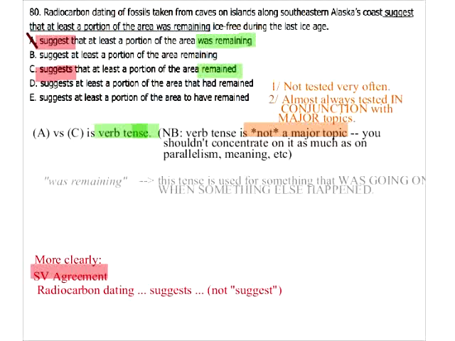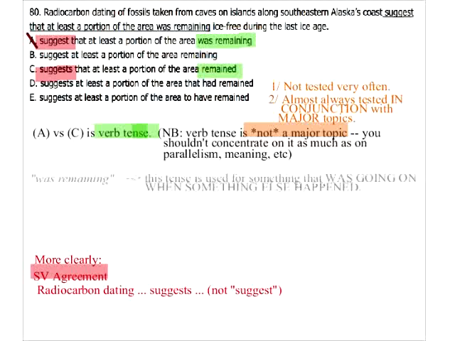Was remaining is a weird thing here, but I could give you an example with a different verb that would be easier to understand. If I said something like, I was sleeping when the doorbell rang. So this was going on, and then this point event occurred while that was going on.